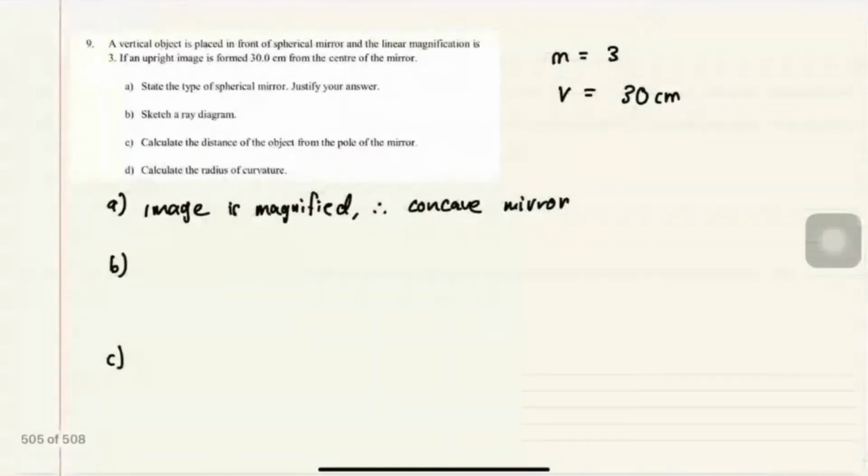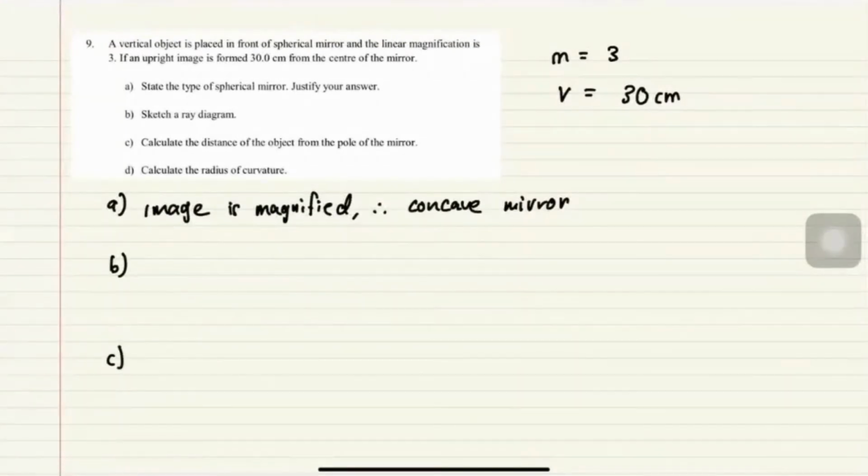Okay, before we calculate, so I want to ask you guys, yang M ni positif ke negatif? Kalau ikut ayat dia. Sebab dia adalah upright, very good. So because the image is upright, so you can say that M is positive. Okay, cuba kita kira.